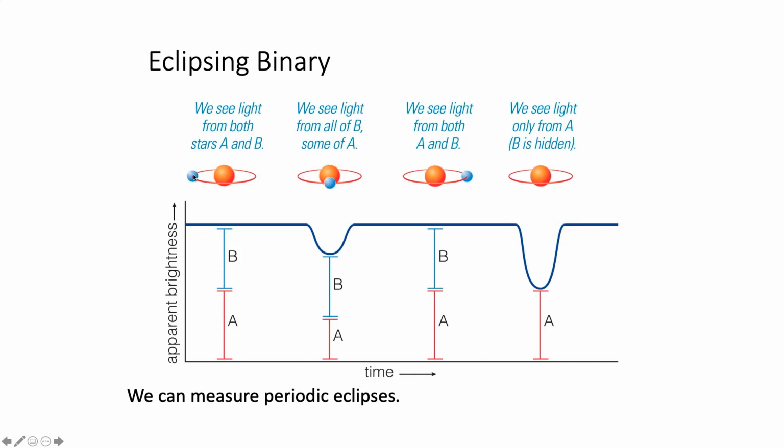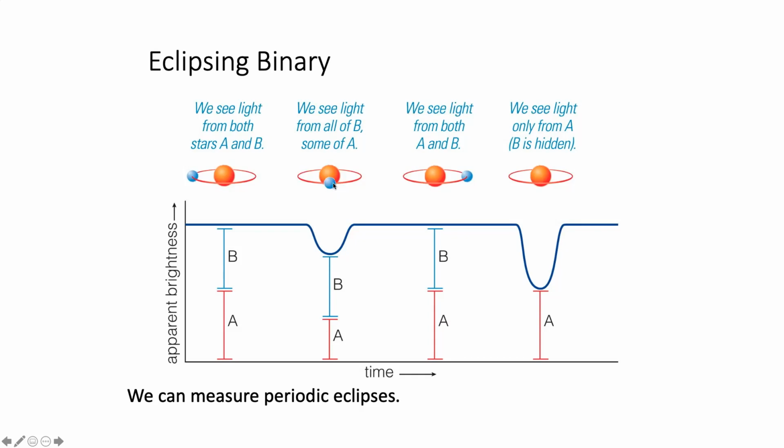Fast forward a little bit. It looks like star B is orbiting around star A in a counterclockwise fashion from this perspective. When star B gets to this position, it's blocking star A, so we're getting all of the light from star B but only a fraction of the light from star A, and the apparent brightness of the system decreases.